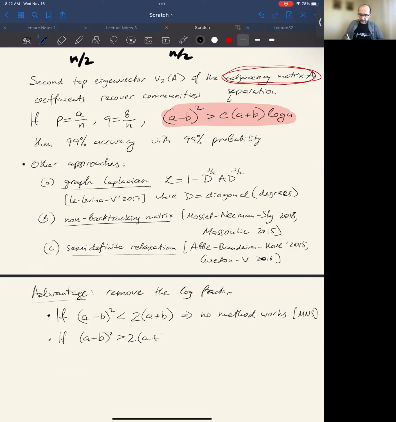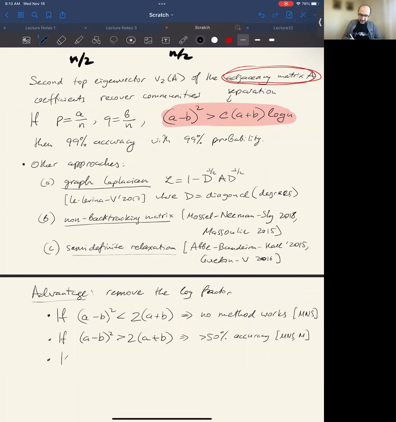If you exceed that, if the separation is slightly larger than 2, then there are methods that work with greater than 50% accuracy. Also Mossel, Neeman, Sly, Massoulié. So you can then detect communities better than a random guess.